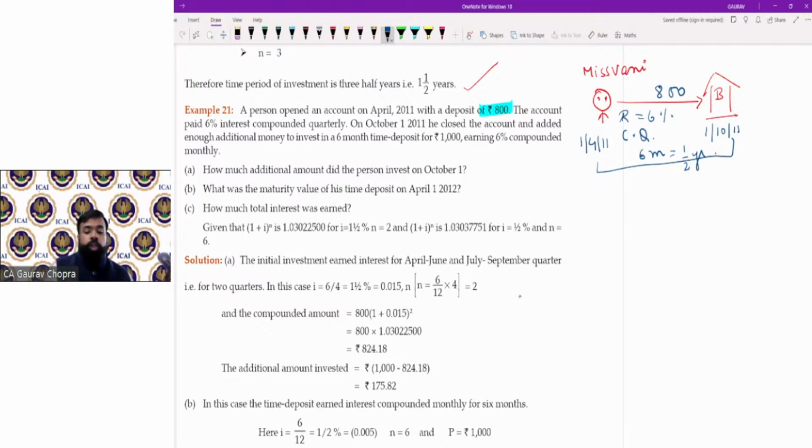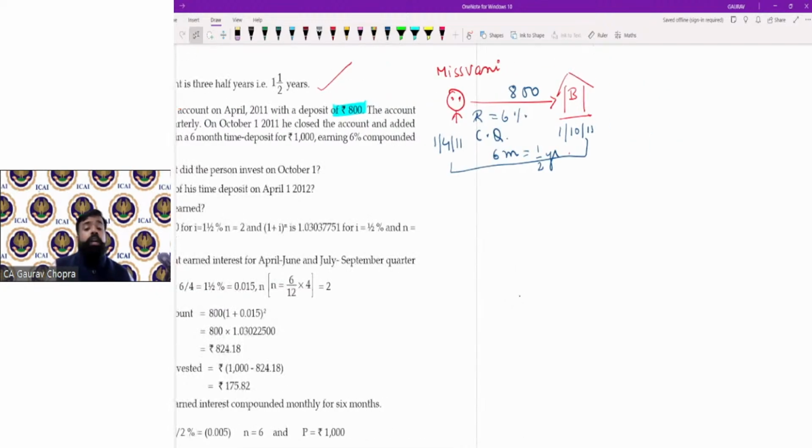Now, on 1st October, she closed the account and added enough money to invest in a 6-month time deposit for rupees 1,000. When she closed the account, she will get a certain amount, that is principal plus interest equal to amount. So principal was rupees 800.